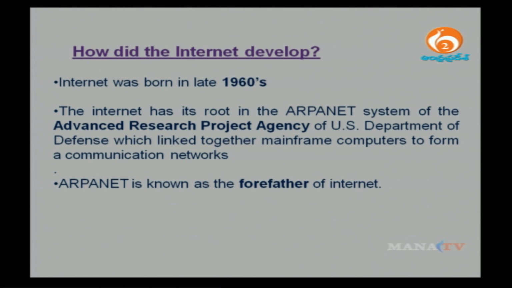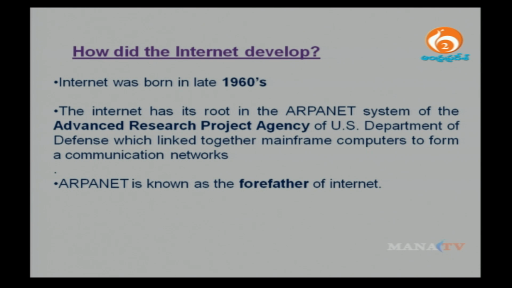How did Internet develop? Yeah, there has been a history for this Internet development. Internet was born in late 1960s. The Internet has its root in the ARPANET system of the Advanced Research Project Agency of US Department of Defense, which linked together mainframe computers to form a communication network.